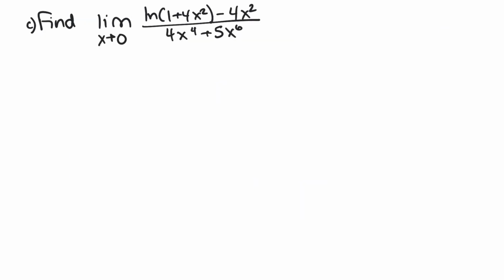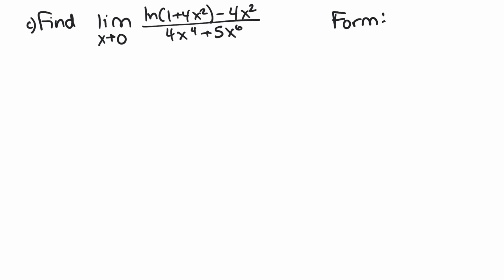Now they're asking us to find the limit as x goes to 0 of the natural log of 1 plus 4x squared minus 4x squared over 4x to the 4th plus 5x to the 6th. So the first thing we do is check the form of this limit to see if we have to do anything interesting.